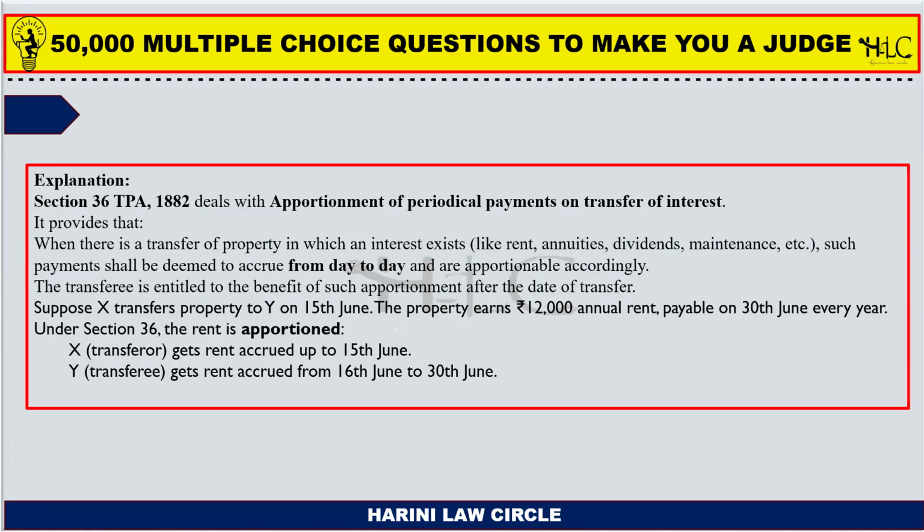So the apportionment is day to day and it is transferable as well. So the transferee is entitled to the benefit of such apportionment after the date of the transfer.